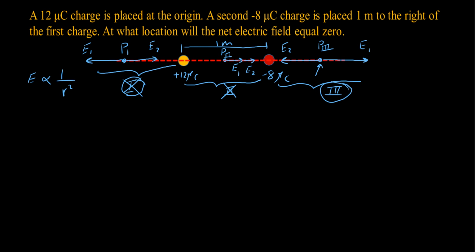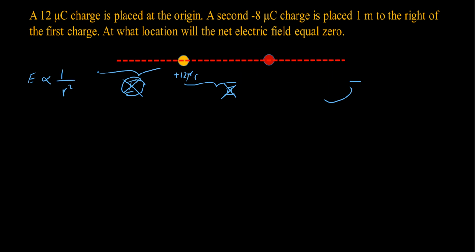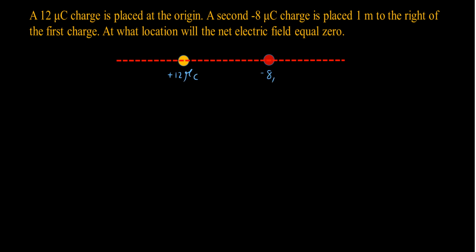I will erase all this description and start identifying the distances. Again, we have our positive 12 microcoulomb and negative 8 microcoulomb. The distance between them is 1 meter, and somewhere in region 3 I will have my test charge, at a distance from the second charge that we name x.